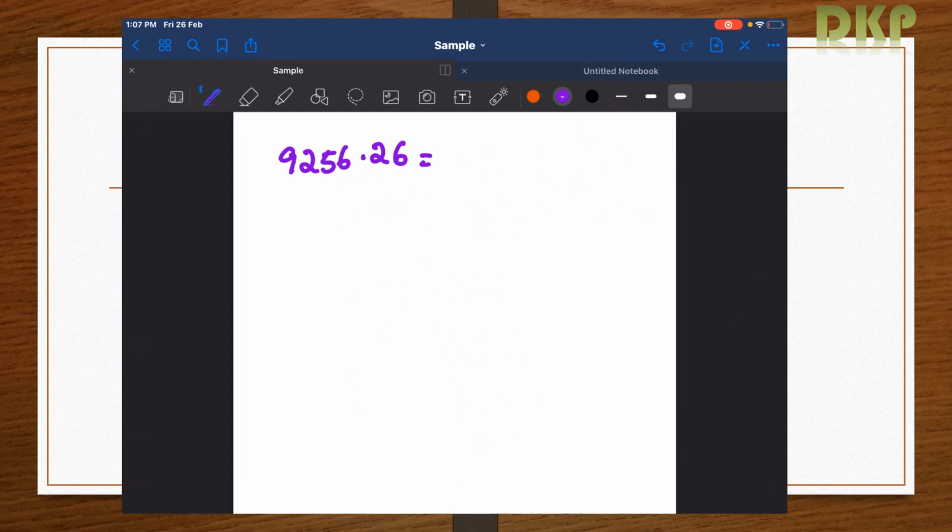Let us consider this number 9256.26. So this can be written as 9 into 10 to the power of 3 plus 2 into 10 to the power of 2 plus 5 into 10 to the power of 1 plus 6 into 10 to the power of 0.